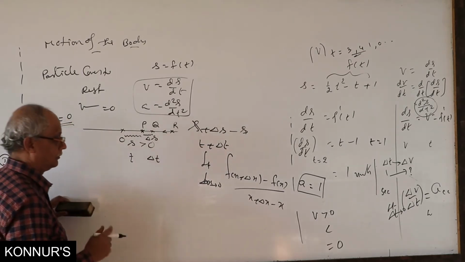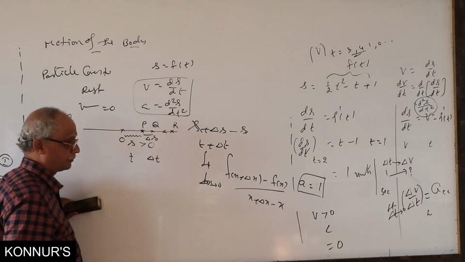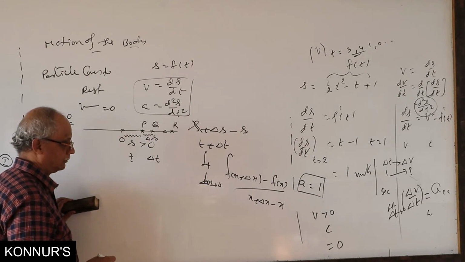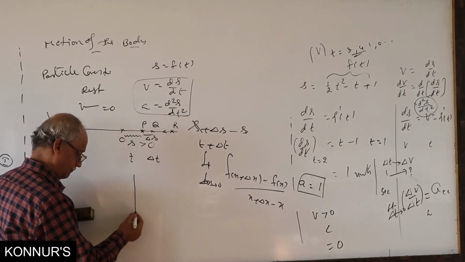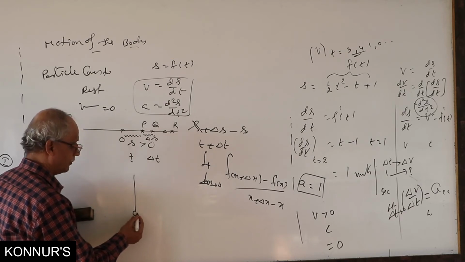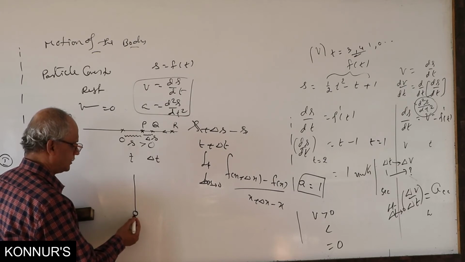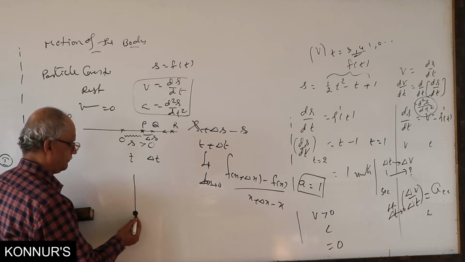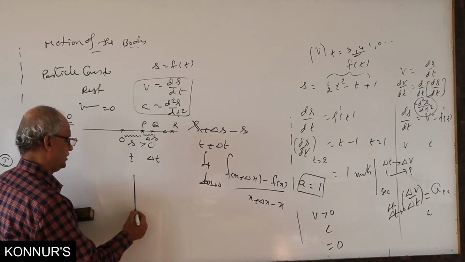Simple. Instead of taking linear motion, I go for the pendulum. Already you know all this. You did practicals also. Simple pendulum. A bob is kept at one end of a rod, where the other end is fixed.